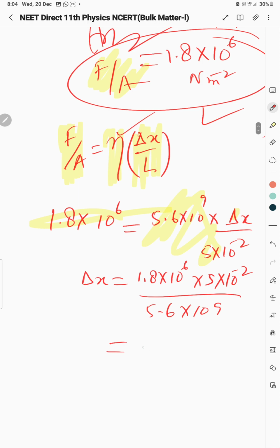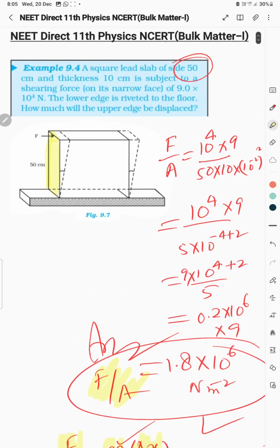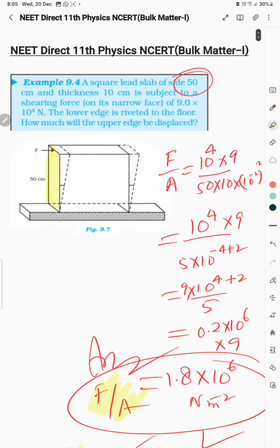And when you further simplify, it happens to be 0.16 into 10 power minus 3 meter, or you can simply write it as 0.16 millimeters. So this is the elongation produced here. And when I say it's elongation produced, I mean this increase in the width over there. So this is what we have just calculated.